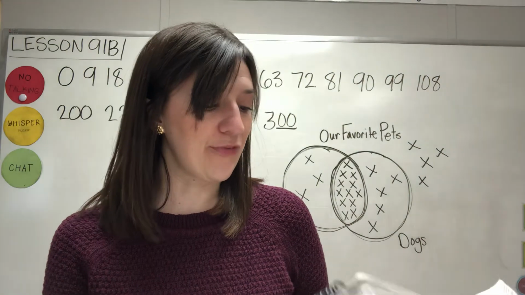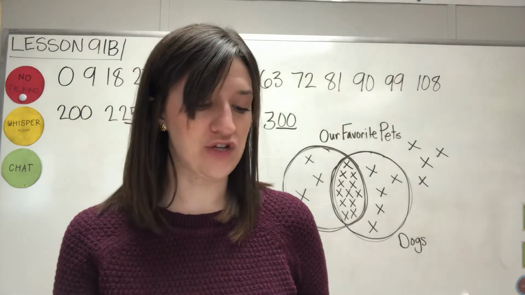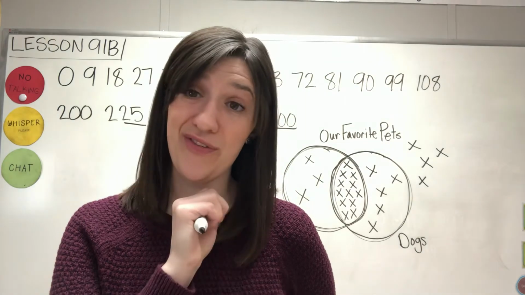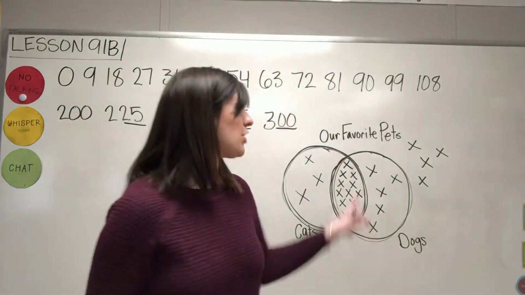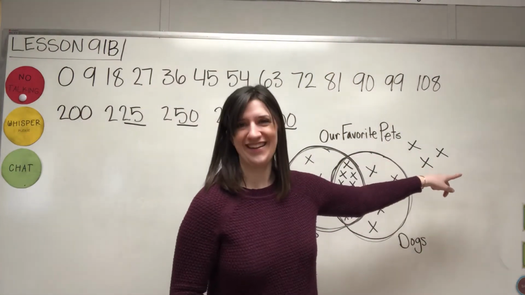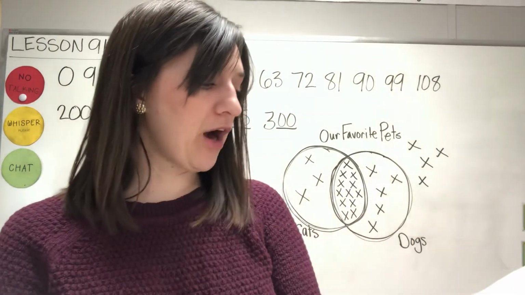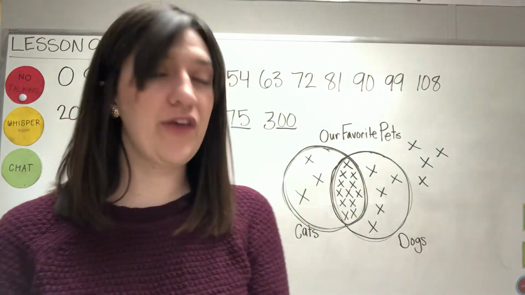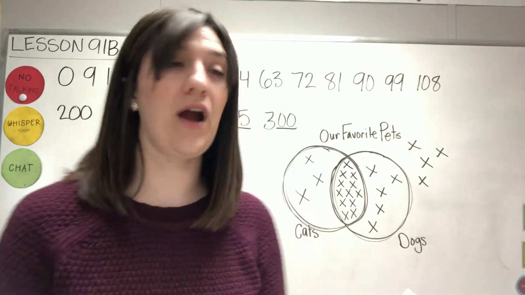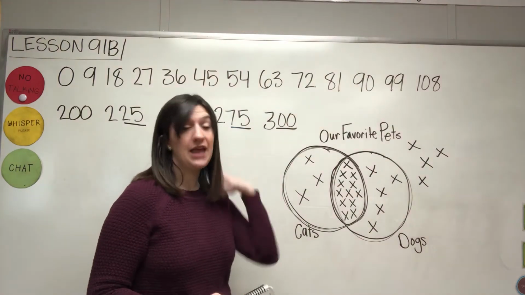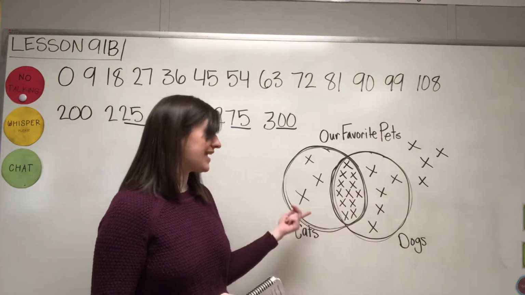And then the last one says, how many children don't like dogs or cats? They said, not really into dogs, not really into cats. That would be all these kids who are on the outside. Okay? There you go. And the next part says, make one comparison using the word than. So you have to compare. So you could say, more children like dogs than cats.